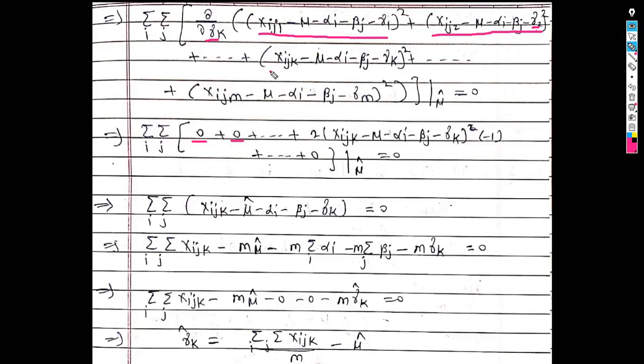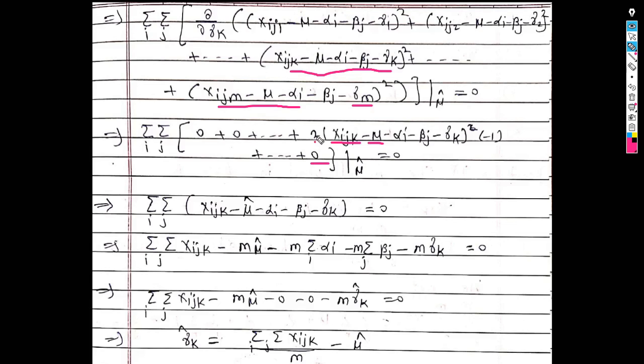Now the derivative of this term with respect to gamma k gives 2 times [xijk minus mu minus alpha i minus beta j minus gamma k] into minus 1. We take the derivative of this term only, so we get minus 1, plus up to. The last term is also 0, since here we have gamma m and we differentiate this whole bracket with respect to gamma k.